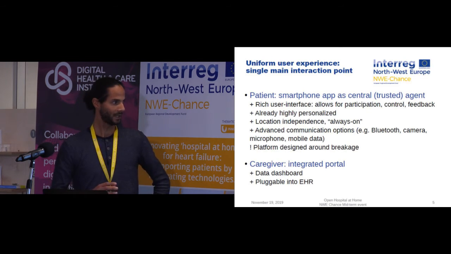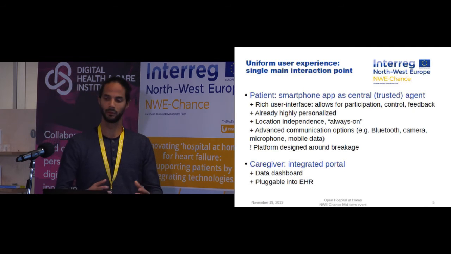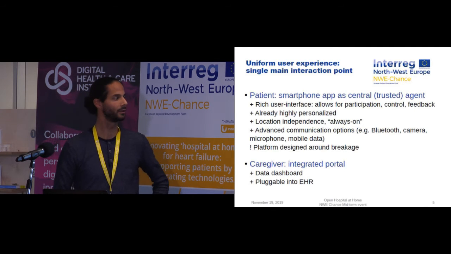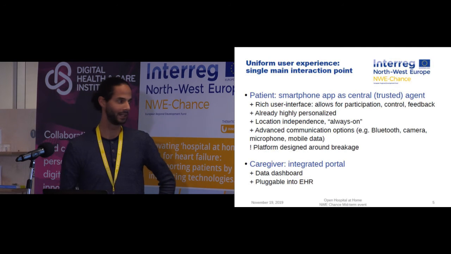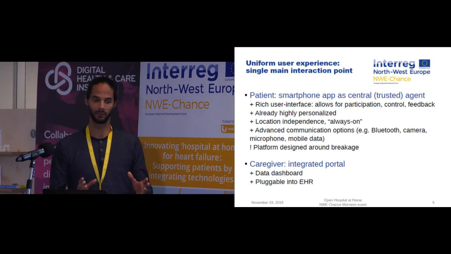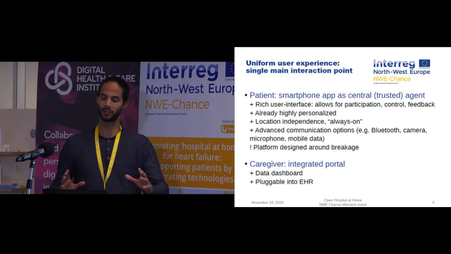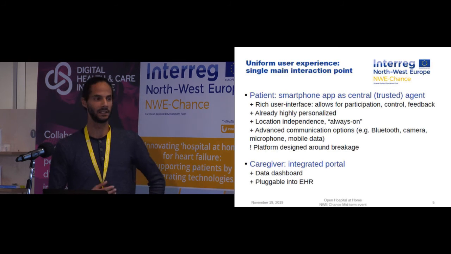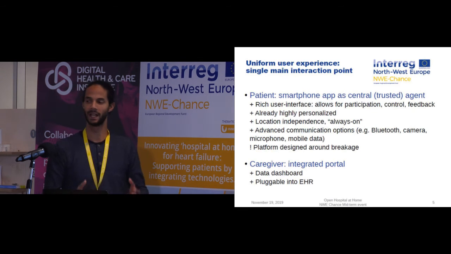On the patient side, we unify the experience with the smartphone. On the caregiver side, we basically just go with whatever interface the care professional already had, which is usually a bigger screen factor so that it's easier to look at data from different sources in one view and make your analysis.